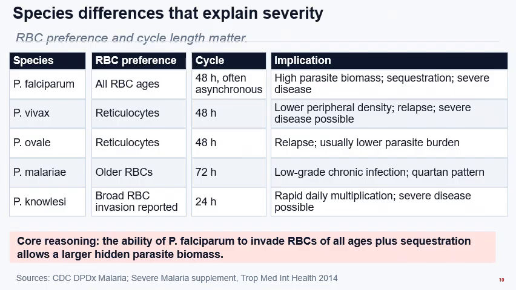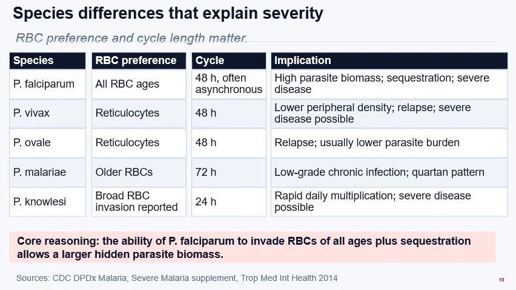Here, let's discuss species differences that explain severity. Red cell preference places a biological ceiling on parasite density. Vivax and ovale largely select reticulocytes, and malariae selects older cells. Falciparum can invade red cells of all ages, so a much larger proportion of the circulating red cell mass is available.